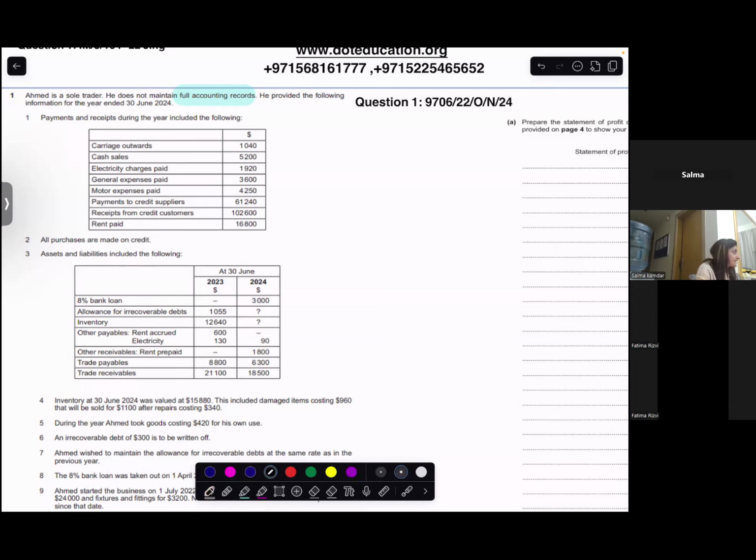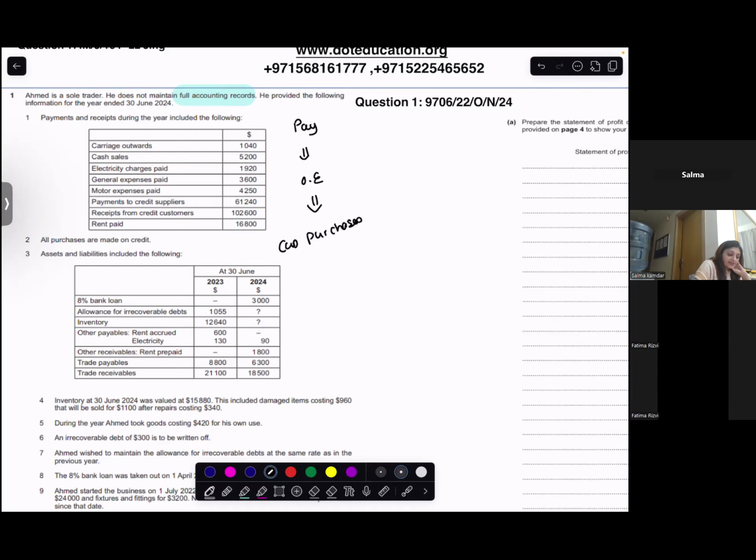Payments and receipts. Can you tell me what this will give me? Payments can show me expenses. Payments can show me purchases. Which purchases? Cash purchases.